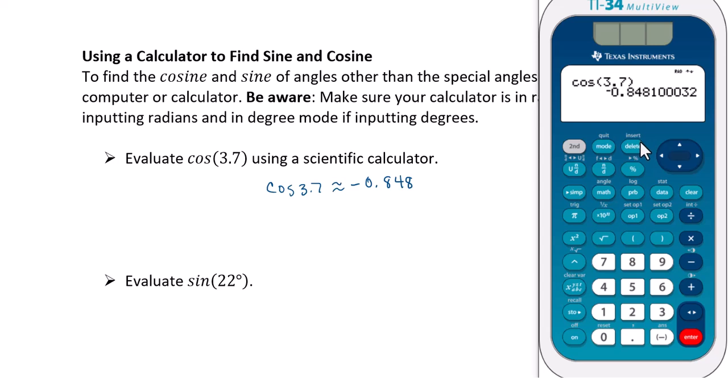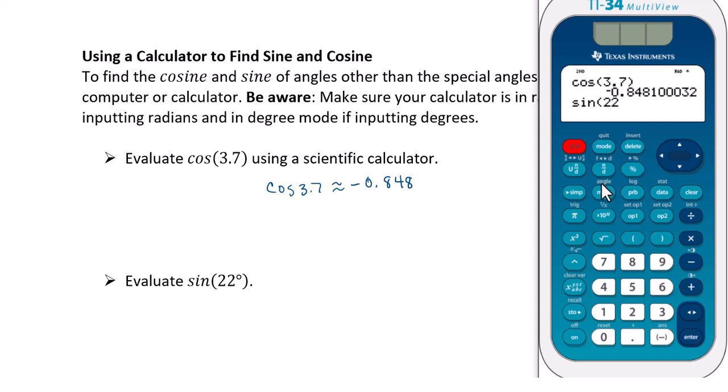And let's evaluate the sine of 22 degrees. I do want to show you something here. If you're in radian mode, you can still do this problem. Go into your trig menu and select the sine. You can put your 22. If you leave it like that, your calculator is going to assume it's radians.